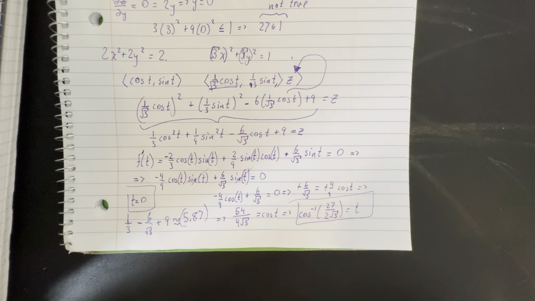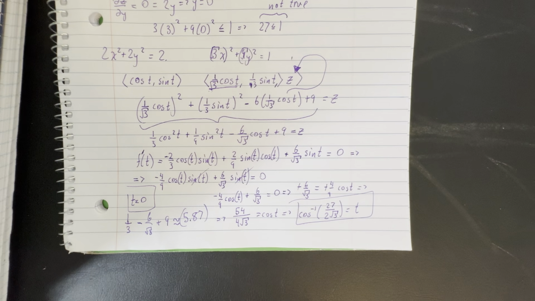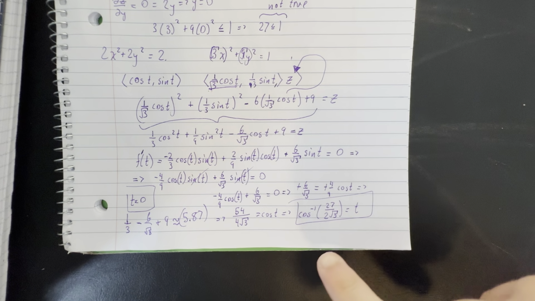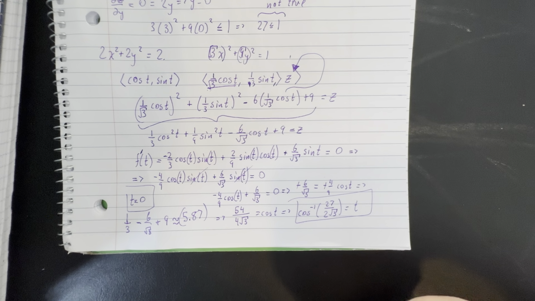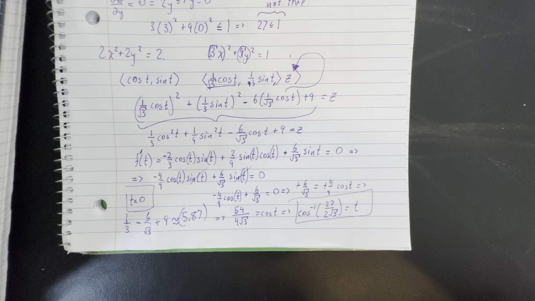There should be a t-value for that. I mean, I see what the issue is, that that's out of the range for cosine.